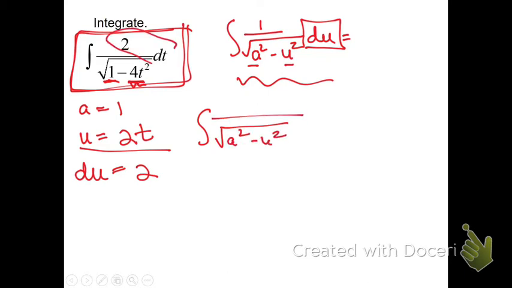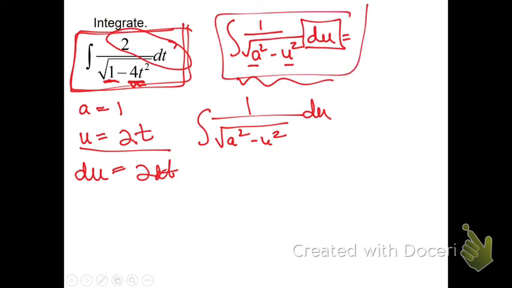On the top, we have 2 dt, which is actually my du, which I can put here or up here. So basically, you just need to make sure that you have everything that the formula requires in the problem. I haven't done anything yet. I just need to verify that I have the a squared, the u squared, and the du, and I've got all of that.